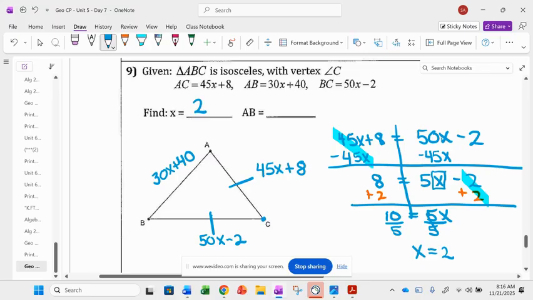And then lastly, we want to find AB. To find AB, we're just going to plug in 2 for x. So I go to side AB, and I have 30 times 2 plus 40. Well, 30 times 2 is 60. 60 plus 40 is 100. So AB is 100. Okay, so this is where we stop.